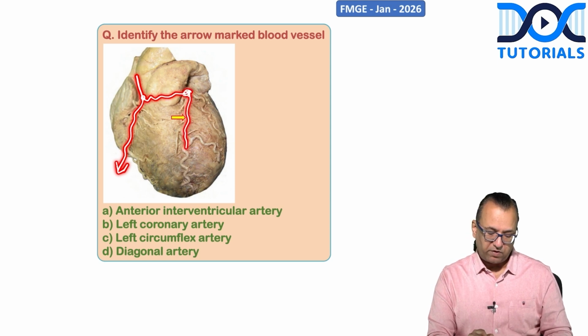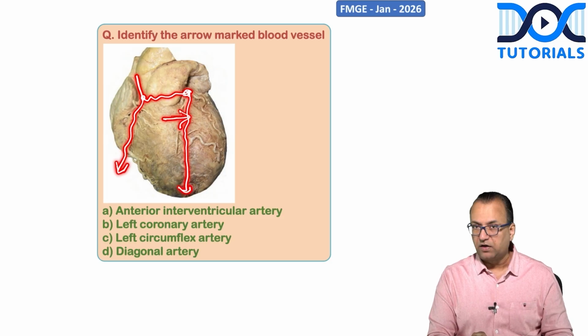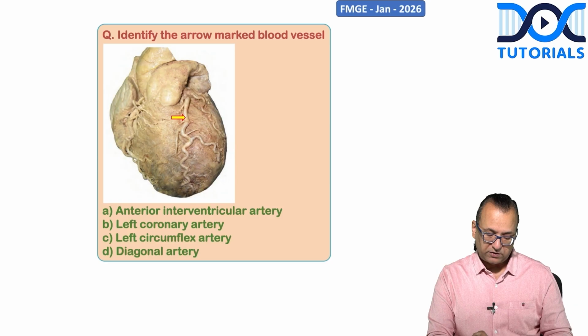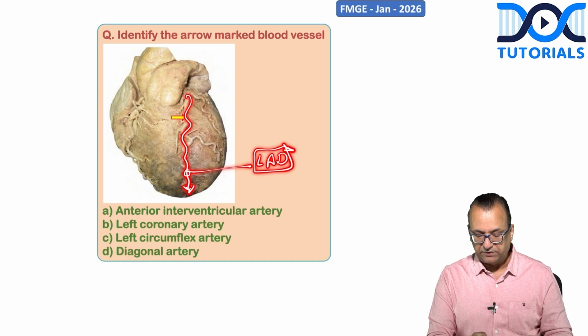The left coronary artery gives one branch downward, which is the anterior interventricular artery, the arrow mark. The other branch is the circumflex artery, continuation of the left coronary artery. The anterior interventricular artery, also called LAD, left anterior descending artery, supplies chiefly the left ventricle, but also gives some branches to the right ventricle.